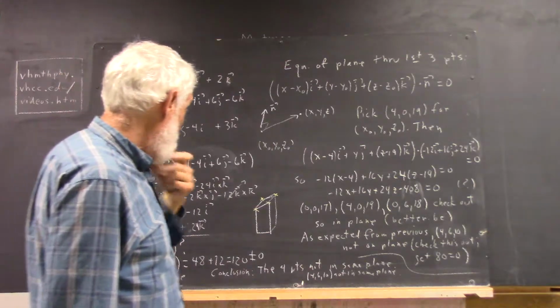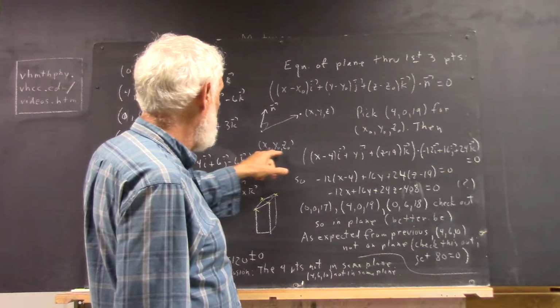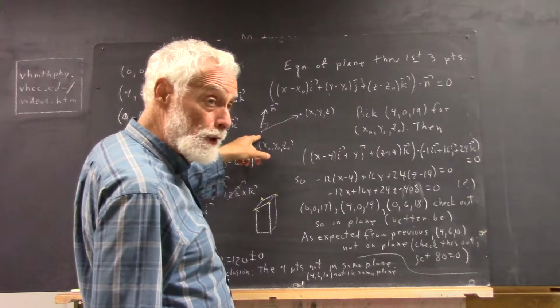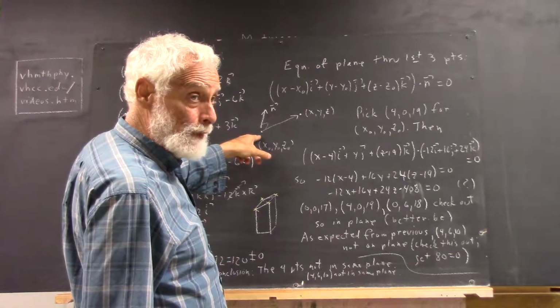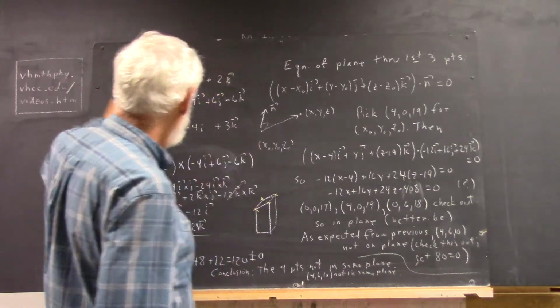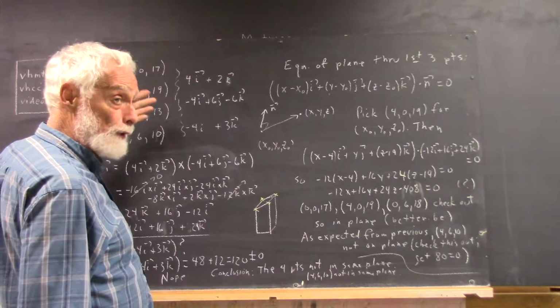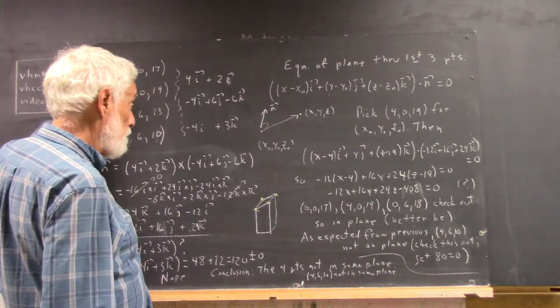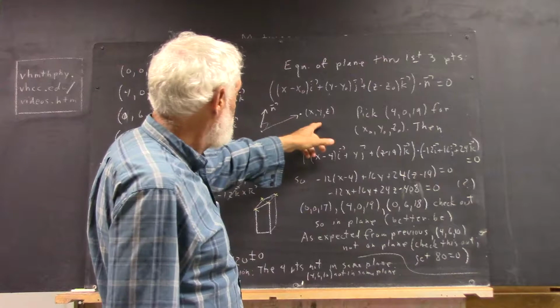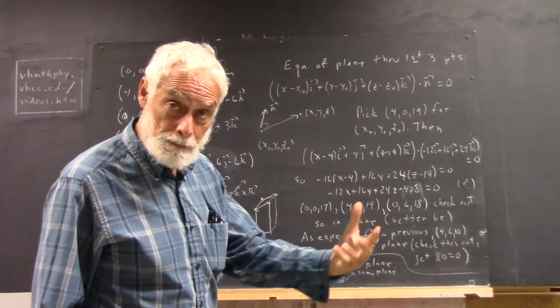Here's a point, x naught, y naught, z naught, which could be any point on the plane. And of course, it could be any one of these 3 points, because these 3 points are on the plane through these 3 points. X, Y, Z is an arbitrary point in the plane.